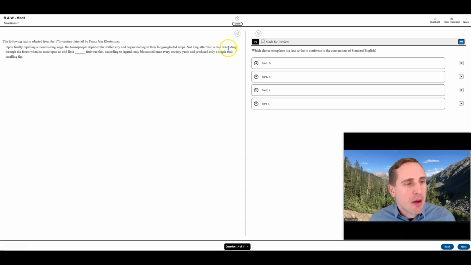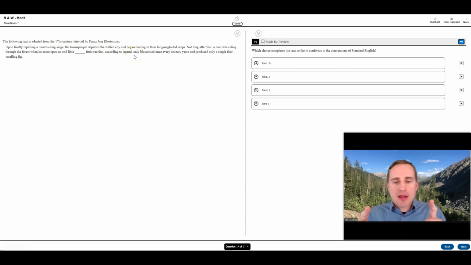Not long after that, a man was riding through the forest when he came upon a little blank. And then it says, fruit tree that, according to legend, only blossomed once every 70 years and produced only a single foul-smelling fig.